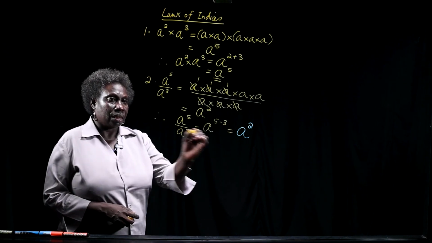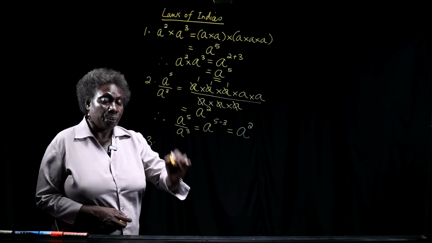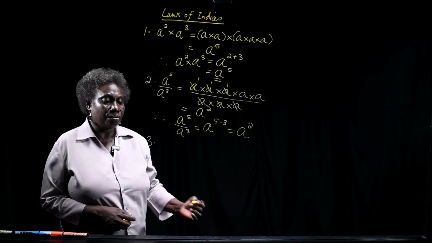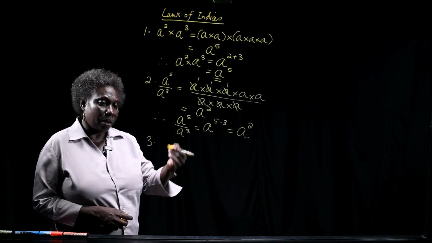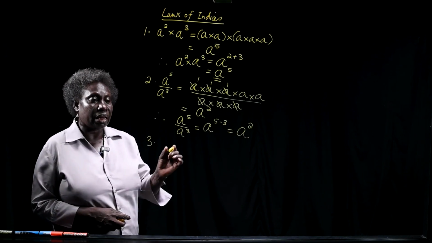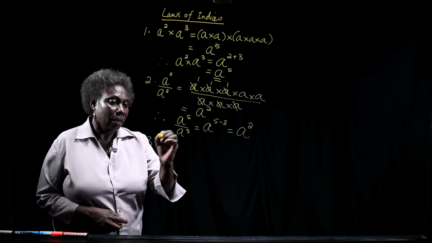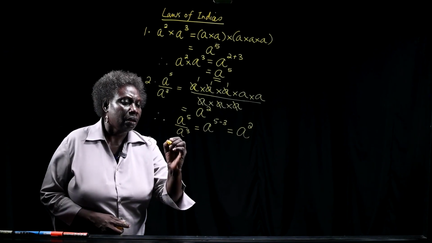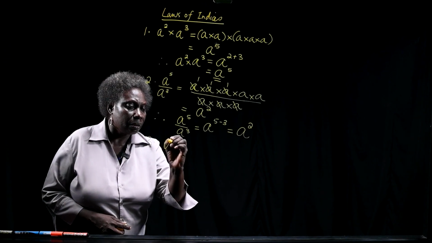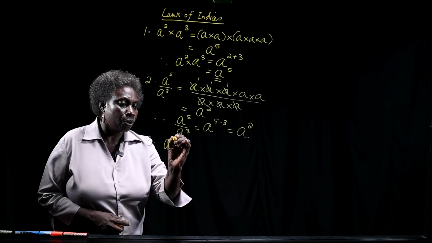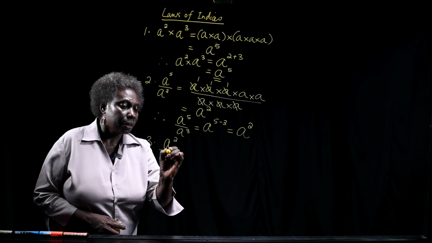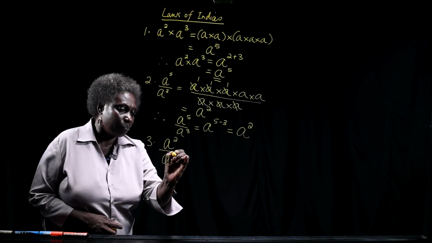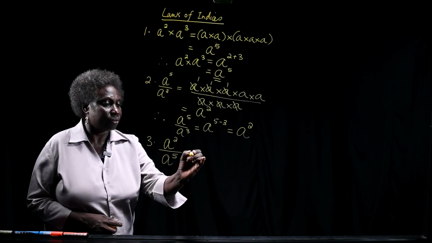Now, let's see what happens when we have a negative index, or when a number is raised to a negative power. We have a to the power of 2 divided by a to the power of 5.